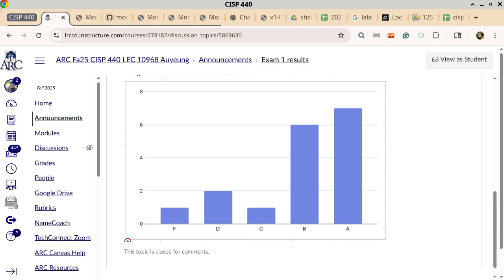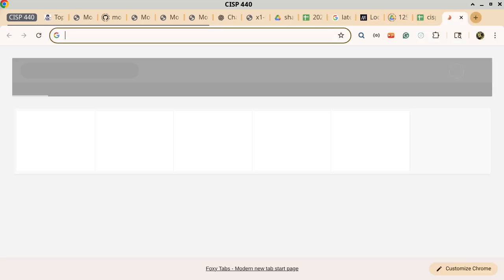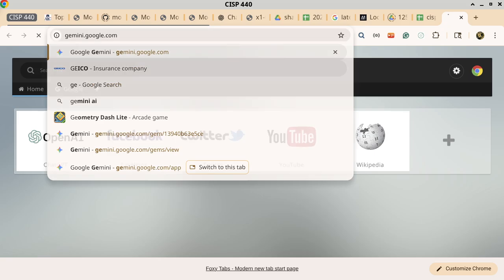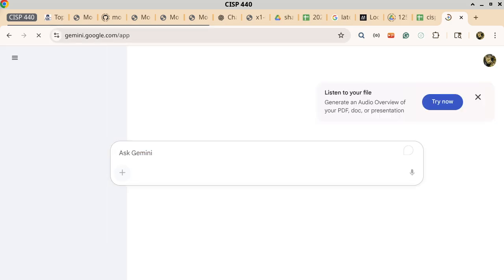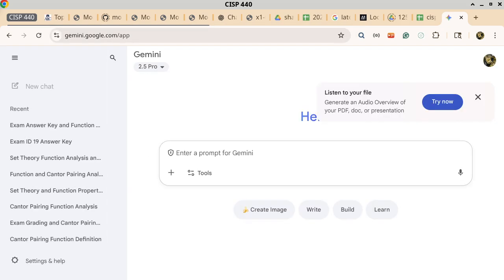So what I did was I wondered if Gemini could understand the questions and come up with the answers. Let me show you if I still have that here, because it's really interesting. Okay, I can just start it up here. You already have Gemini access, and to get this to work, I had to use the Pro model.